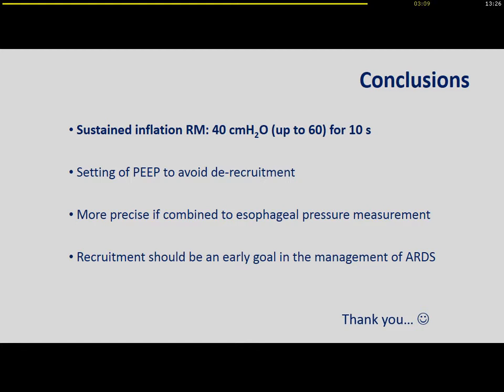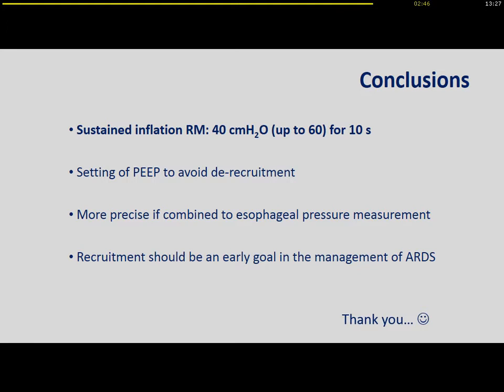But if you go to 50, you change the scenario, and the same patient has a moderate or high potential of recruitability. My point is, as we did some years ago with Marcelo Mato, that we should work on a titration of the potential of recruitability.